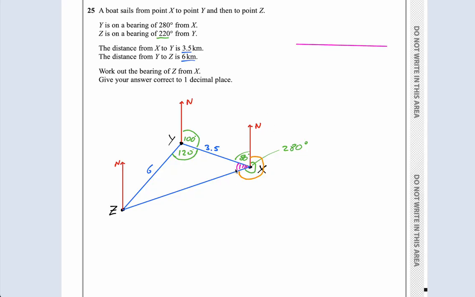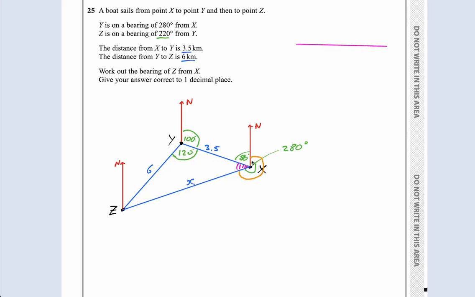Well, this is a non-right angle triangle, so I'd like to use either the cosine rule or the sine rule. To use the cosine rule, I need all three sides, which I don't have. To use the sine rule, I can do sine of this over this equals sine of this over this. I need this side, so I don't have x.